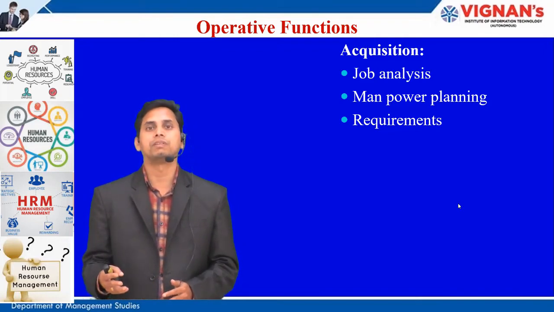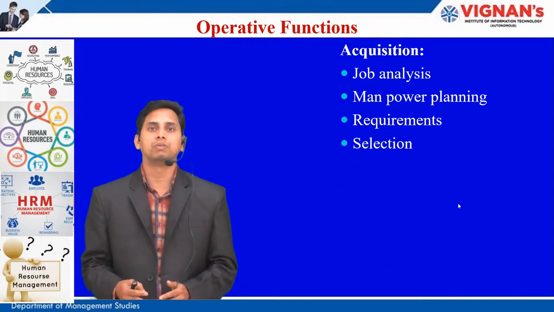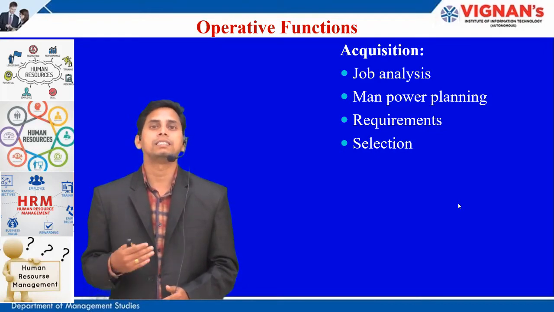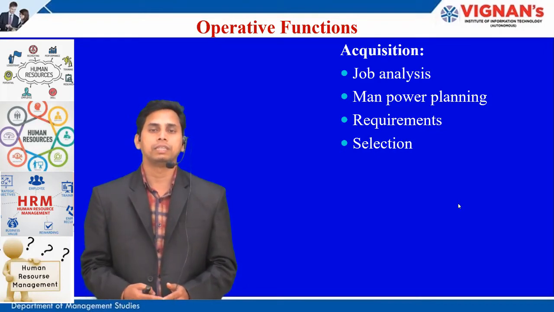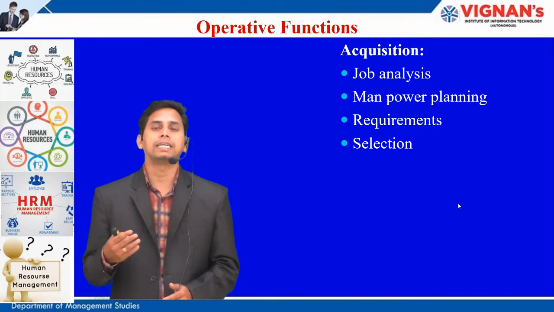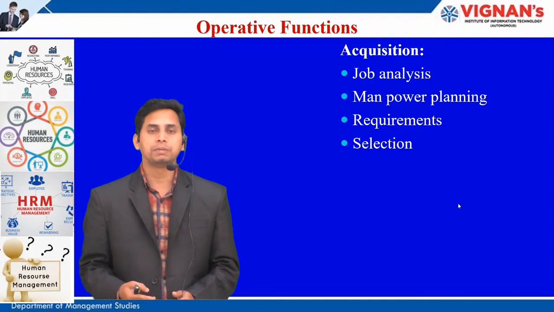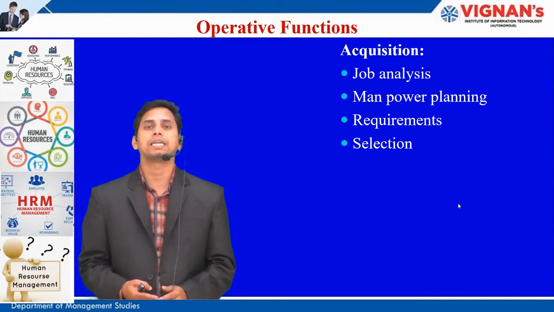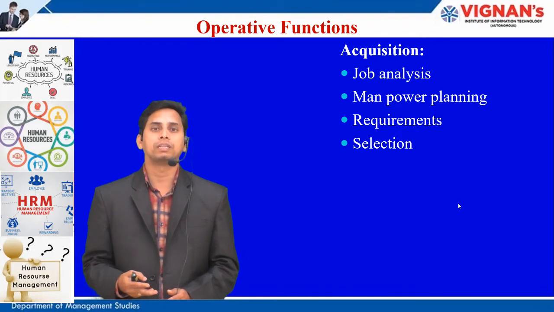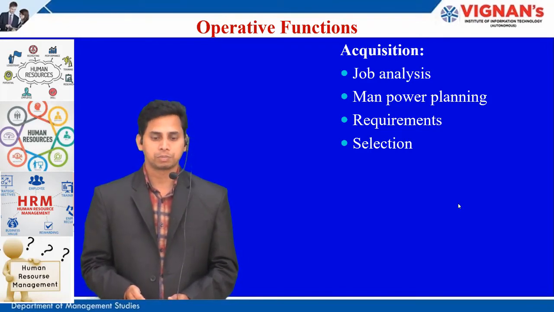If there is a need for the recruitment of the people, then we'll go for recruitment and selecting the candidates. Here the technique of the right person for the right job is very important. During the process of selection, they try to understand what roles are available, and they try to acquire the right people for the right jobs.